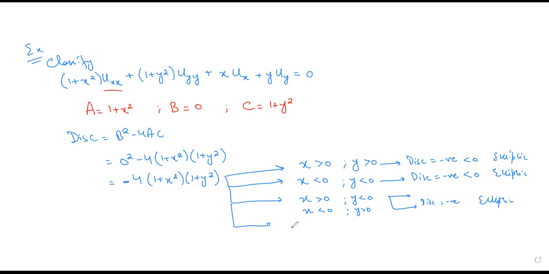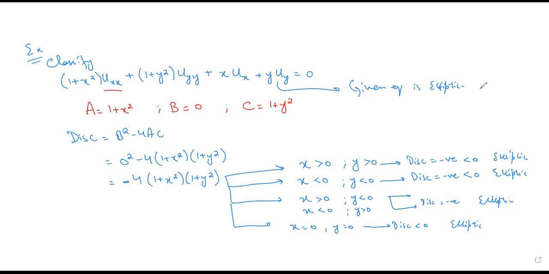Let's suppose another example, that x is 0 and y is 0. Still the value of the discriminant is negative, less than 0. The equation will remain elliptic. For all the cases, since the equation is elliptic, you can say in general that the given equation is elliptic.